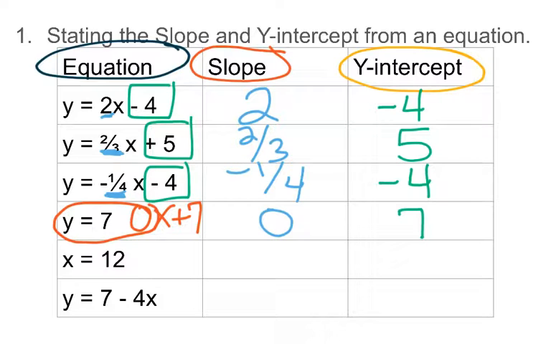The next one has an exception to the rule because we don't take the number in front of x, since it is not in y equals format. It's x is equal to 12. When you have an equation without the y value, when x is always 12, the slope is undefined.